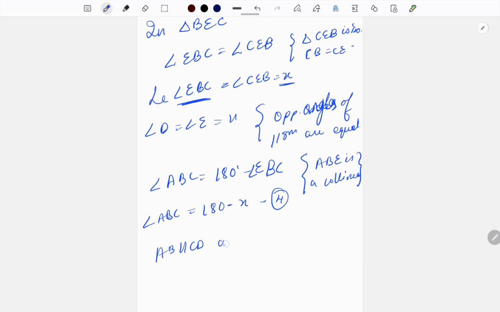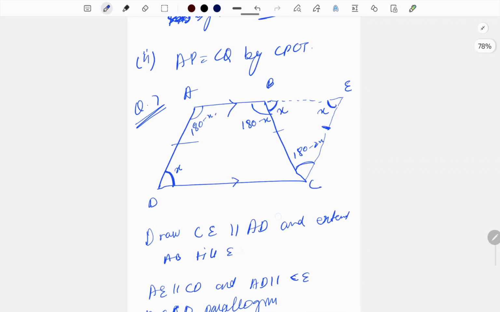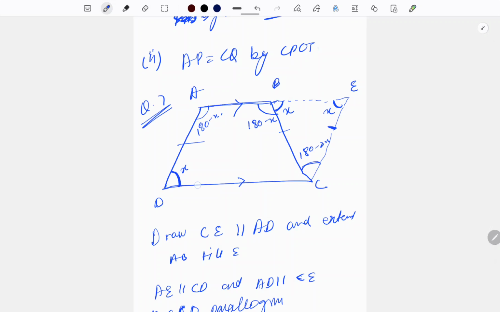AB is parallel to CD and AD is a transversal on this parallel set. ठीक है, देखिए मैं दिखाता हूँ आपको। ये दोनों पैरेलल हैं और AD जो है इस पे ट्रांसवर्स है, तो जो इनके इंटीरियर एंगल का सम होगा वो टोटल 180 होगा, यानी कि angle BAD plus angle ADC will be 180 degrees.